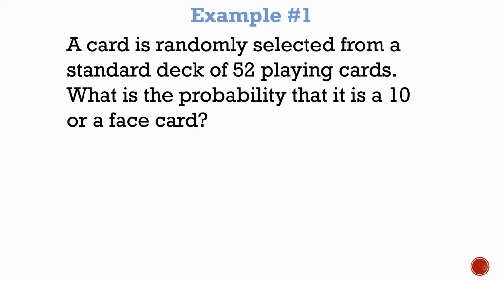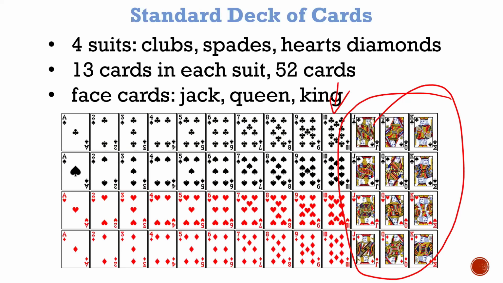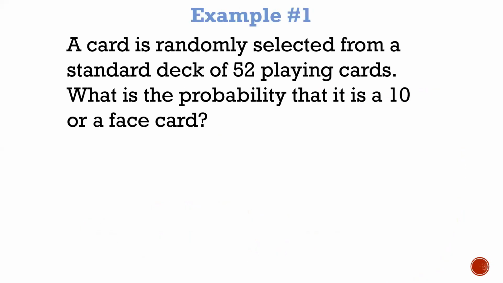This is an easy one. Drawing a 10 and drawing a face card, are these events that overlap? Here are the 10s. Is that overlapping with the face cards? No, definitely not. If you're thinking that they can, you're thinking of drawing 2 cards. I'm talking about drawing 1 card, not drawing 2 cards one after another, okay?